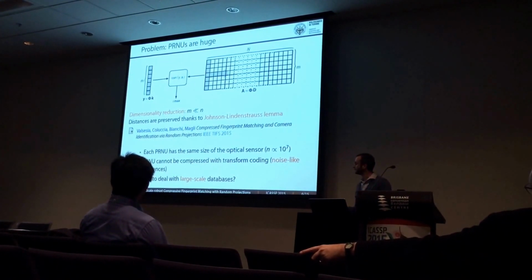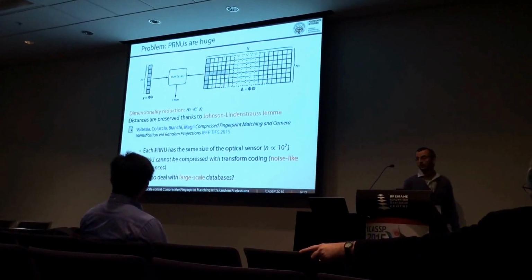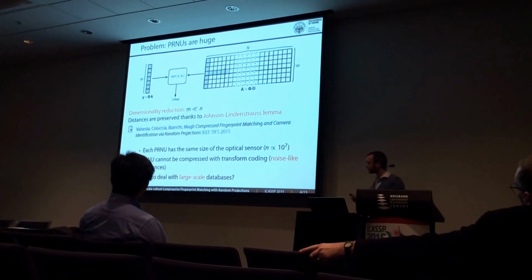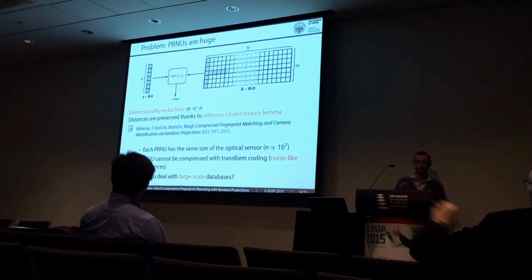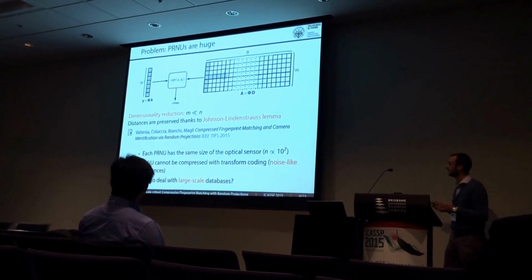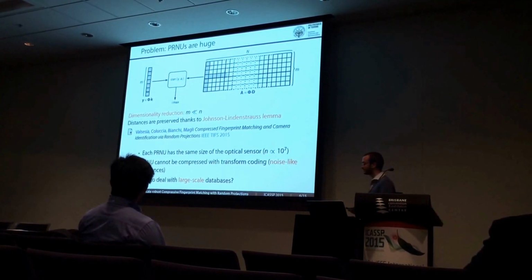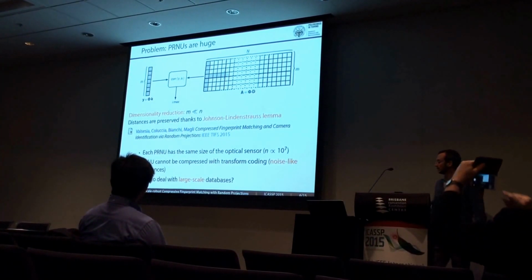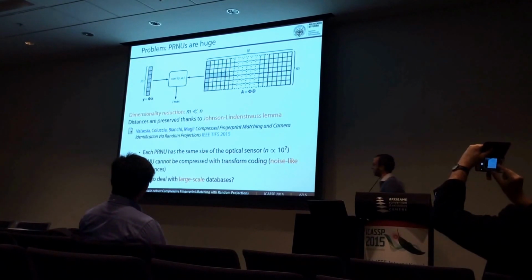And this machinery works because, thanks to the Johnson-Lindenstrauss lemma, we can state that the distances between different fingerprints are preserved in this compressed embedding, because the Johnson-Lindenstrauss lemma holds for random matrices, random projections.